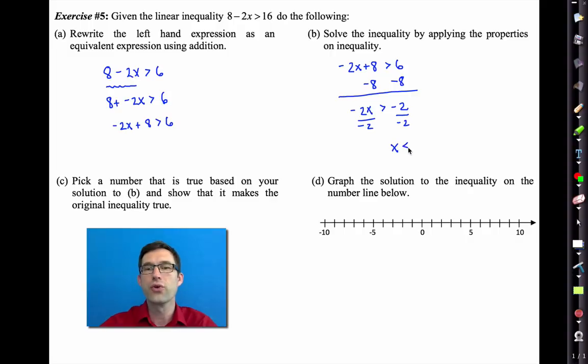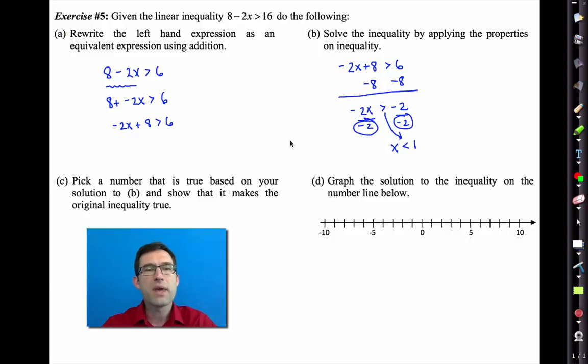To keep it true, I have to flip the inequality. Why? Because I divided by a negative. Anytime you divide by a negative, we get something that changes the truth value of our inequality. So to keep it true, we have to flip-flop that inequality from greater than to less than, at least in this case.